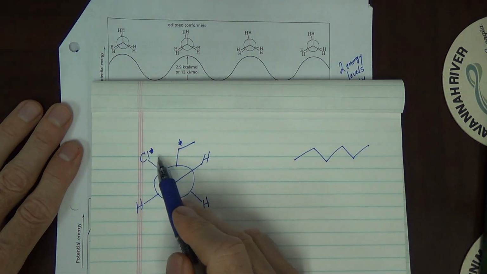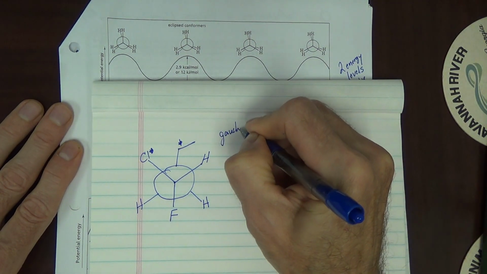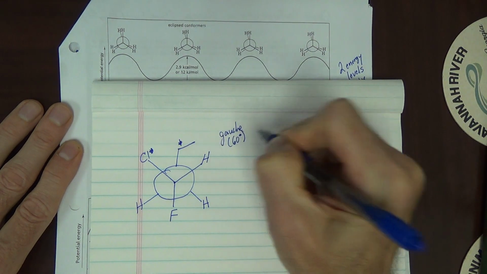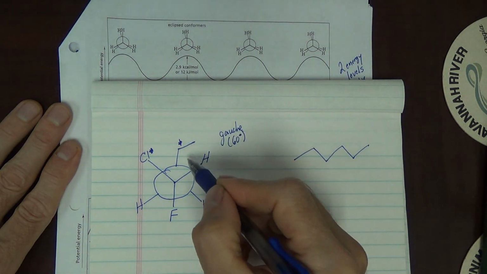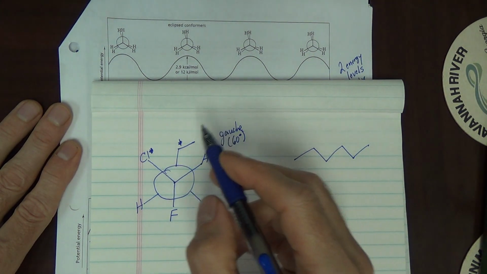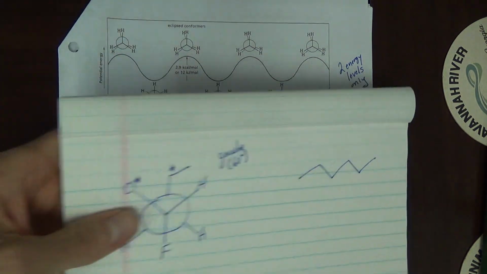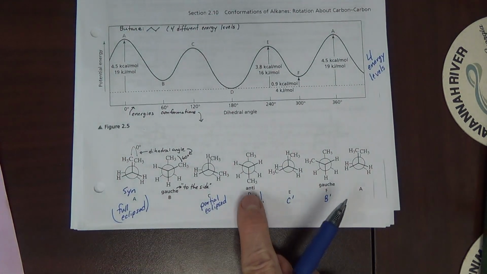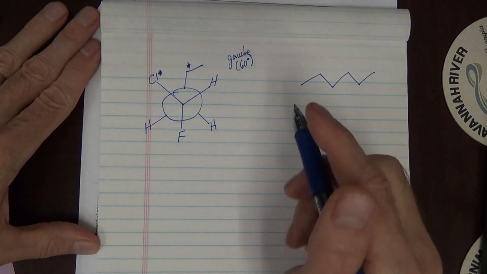Right now, the two largest groups are gauche to each other with a 60-degree dihedral angle. That is not the best. The best is when these two groups are anti.